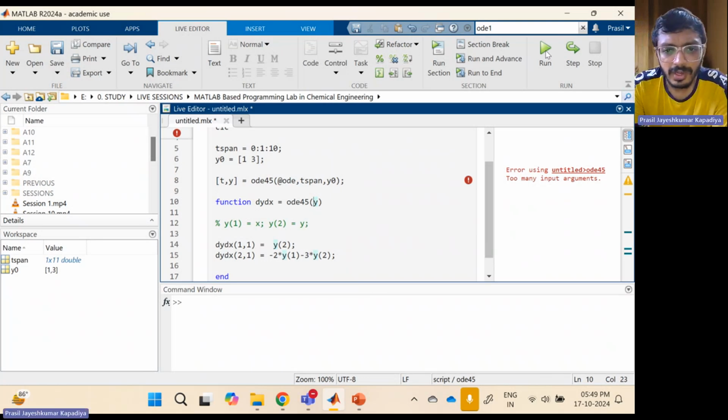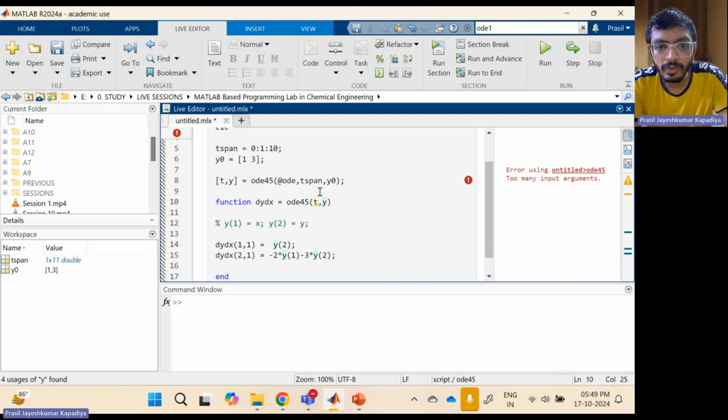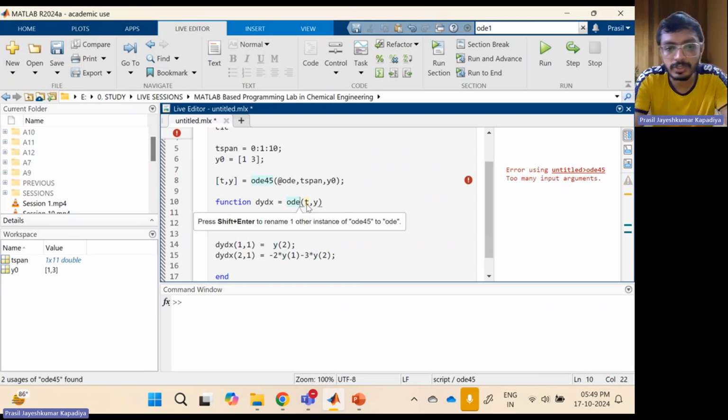It's correct. Why is it showing like that? Oh, okay, okay. It is not ode45. The name of the solver is ode only.